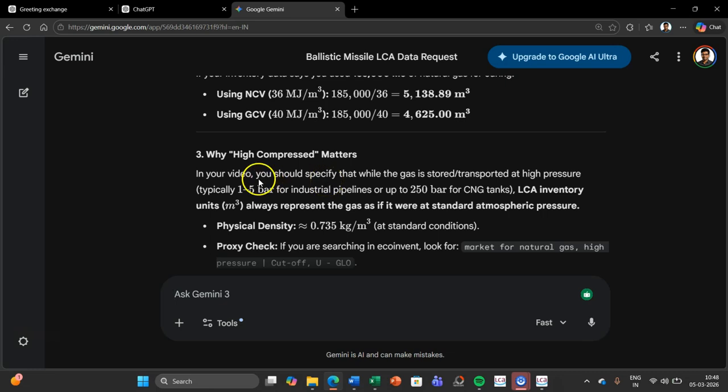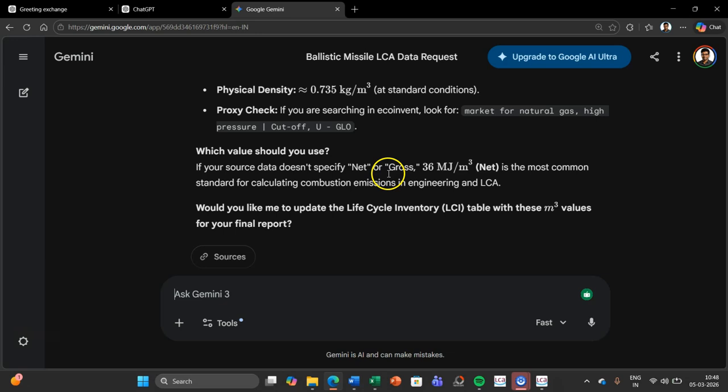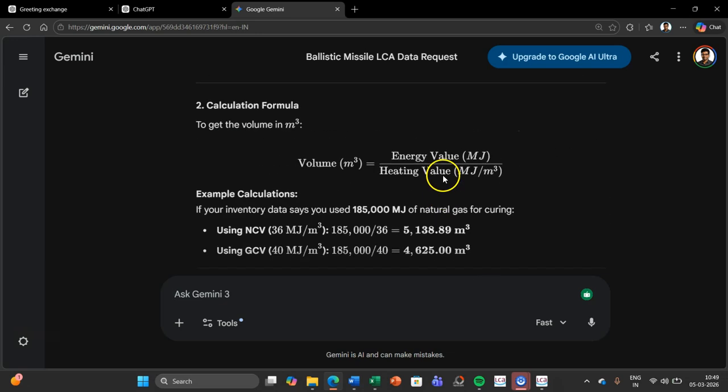So the suggestion given by the Gemini is the gas is stored, transported at high pressure. So the LCA inventory unit always represents the gas as it were a standard atmospheric pressure. Okay, I understand. So if your source doesn't specify net or gross, net is the most common standard for calculating the combustion emissions. Okay, net. Then we can use the net value.